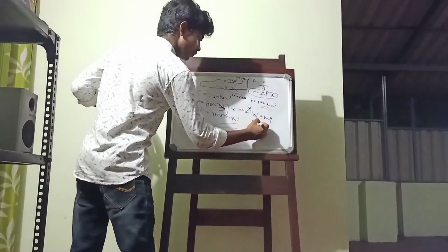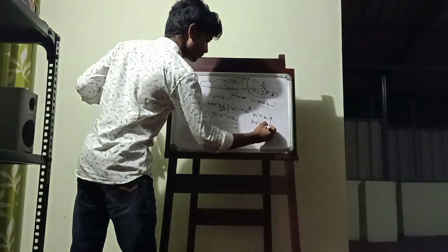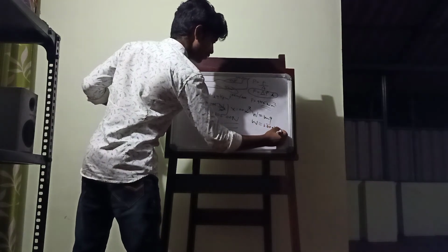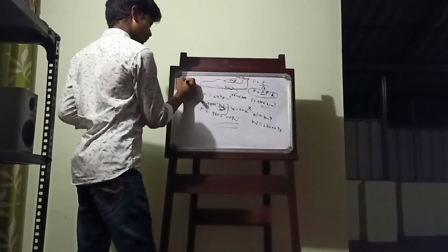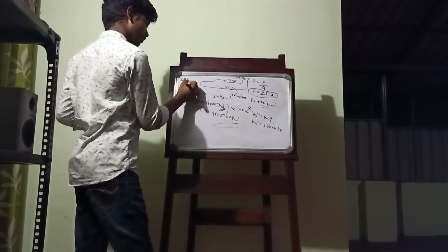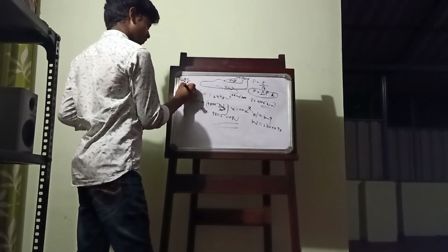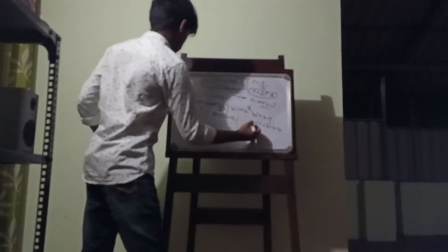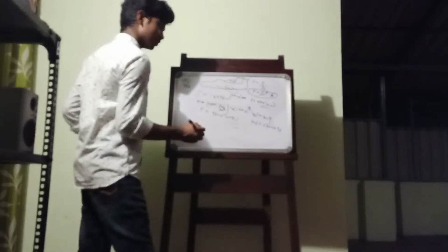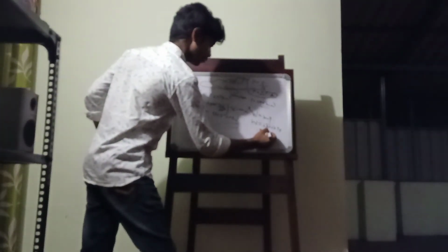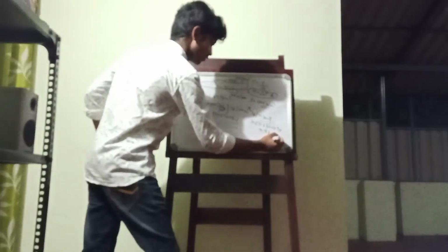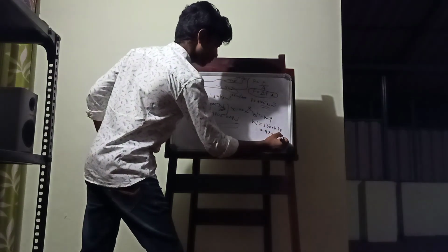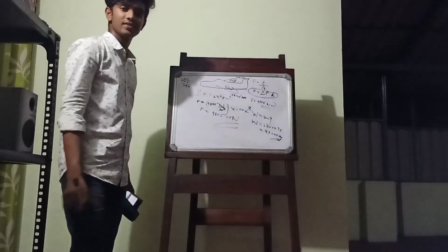So W equals mass, 5,000 kilogram, into 9.8, which is 49,000, and that's the weight.